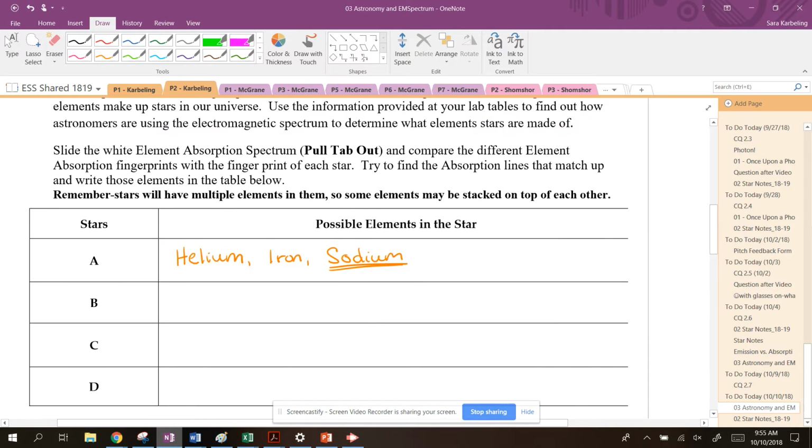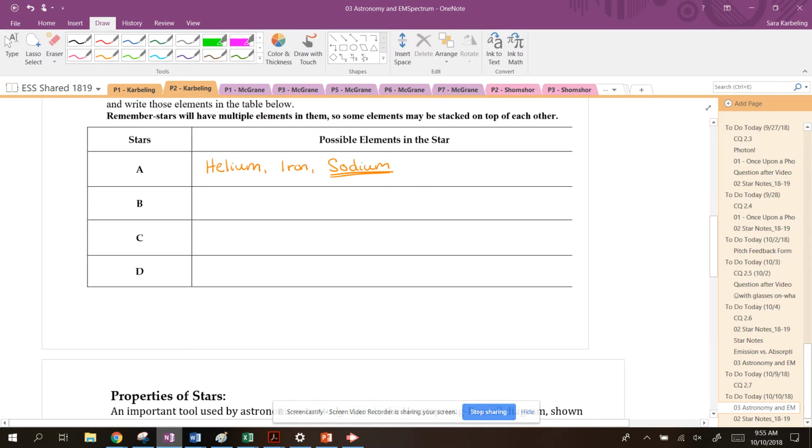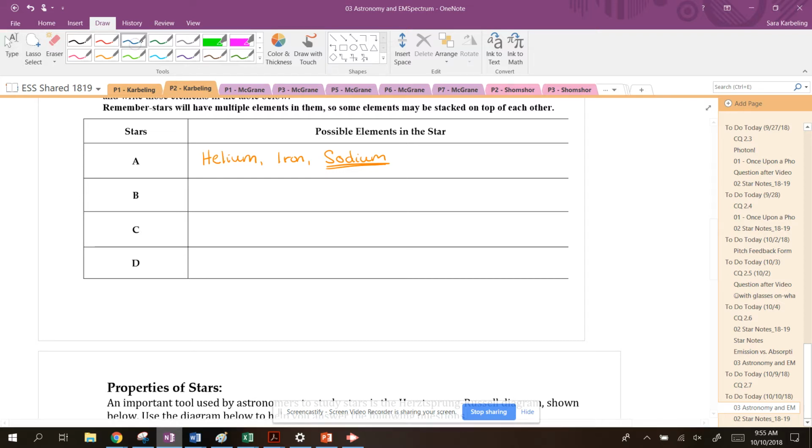I just want to remind us what we're doing so that when you're studying for the quiz on Friday, you have this written down. You want to make sure that all of the lines of an element line up with lines in the star.